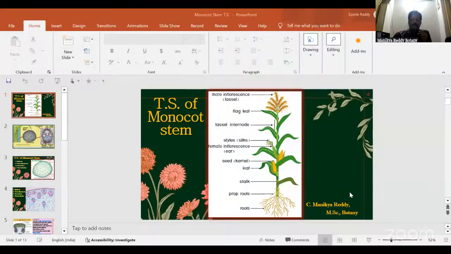Today's topic is TS of monocot stem. The internal structure of TS monocot stem shows four parts, not like dicot root or dicot stem.